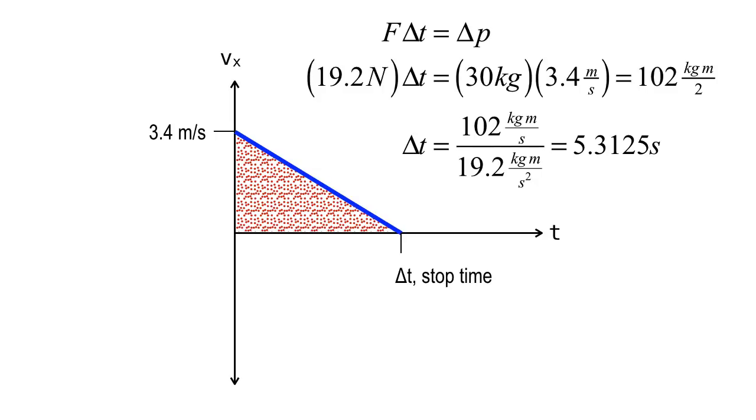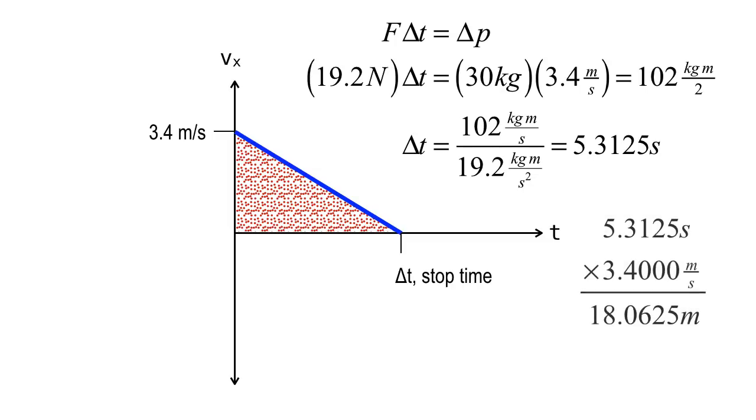All right, so now we know what that number is here. You can write it down in your notes: 5.3125 seconds. So now we got a triangle, base times height times 1/2. Okay, so now we're walking in the park, hopefully.